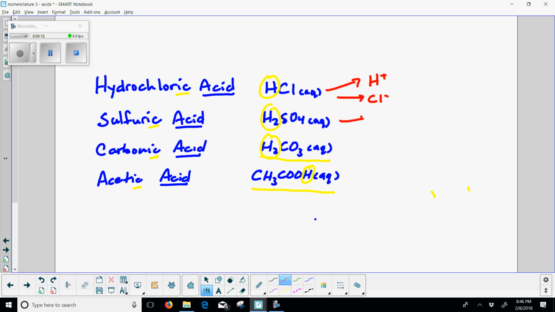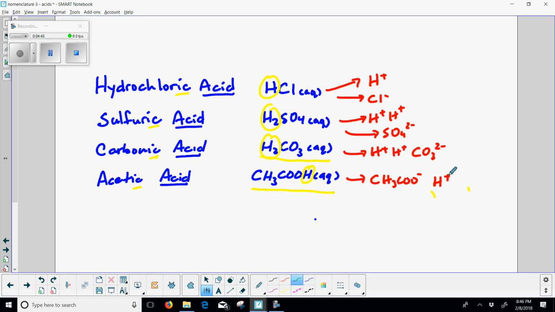Same thing's true over here. Here I'm going to have two hydrogens given off by this sulfuric acid, and you're going to have your sulfate ion. Here we're going to have similarly two hydrogens given off by the carbonic acid, and we're also going to have a carbonate ion being released. And finally, we're going to have our acetate ion and then our hydrogen ion.